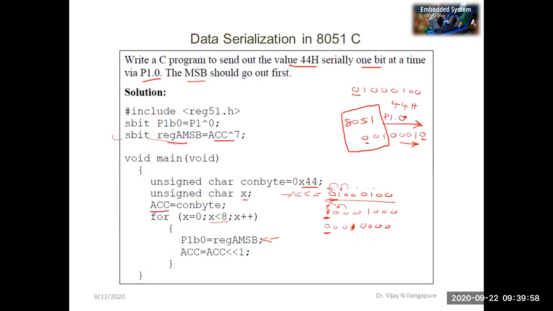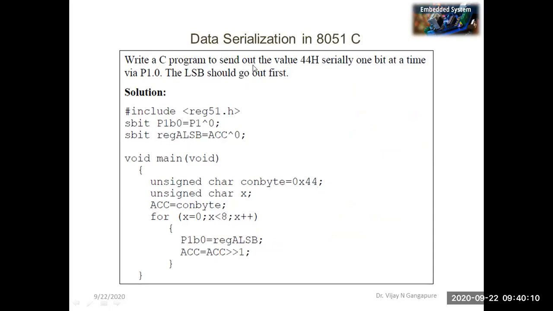Now here in this program we send out data serially, that is 44h, assuming that the msb should go out first. In this program the same data byte 44 we are outputting serially on pin number 0 of port 1, but assuming that the lsb is being sent first.